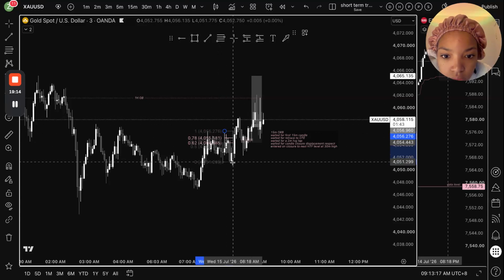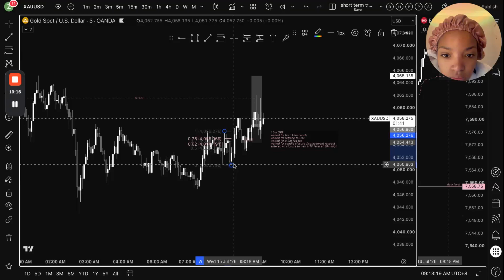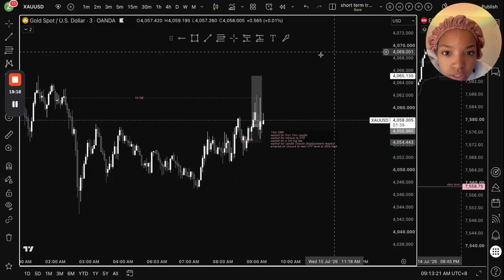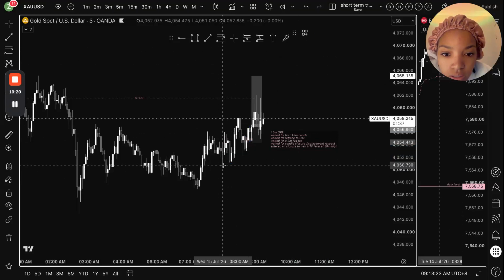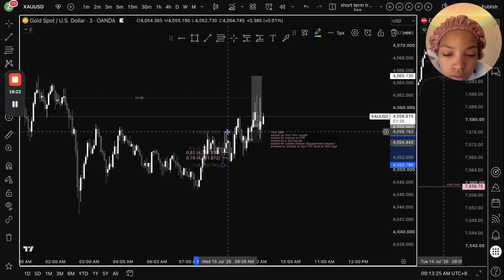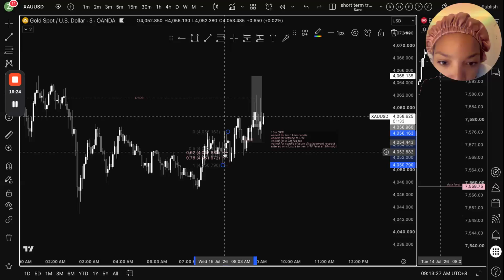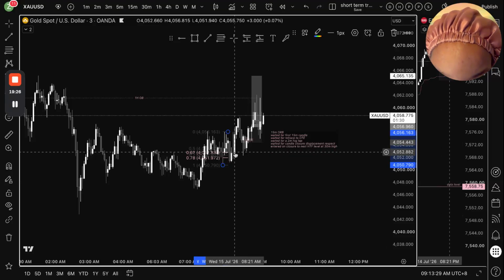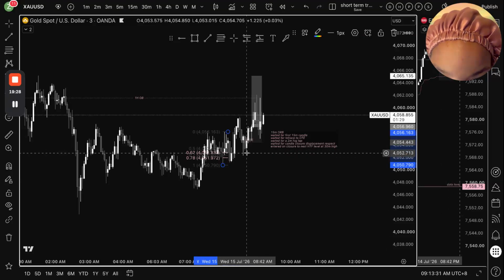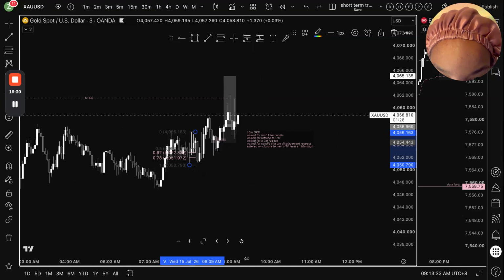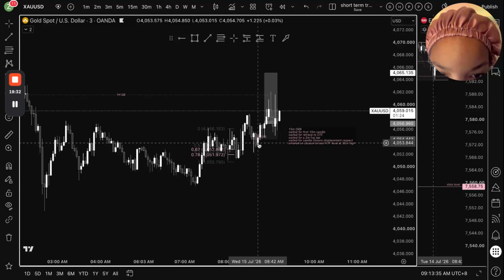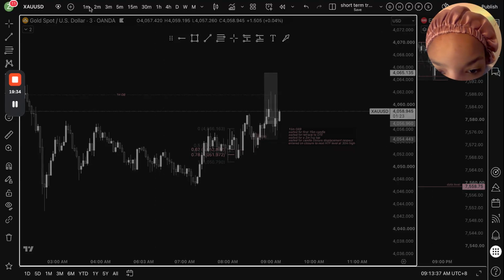This is the fib. Oh, I drew it the wrong direction. This is the fib. We retraced into it. Got a candle closure above it. And then we got down to the 1 minute.